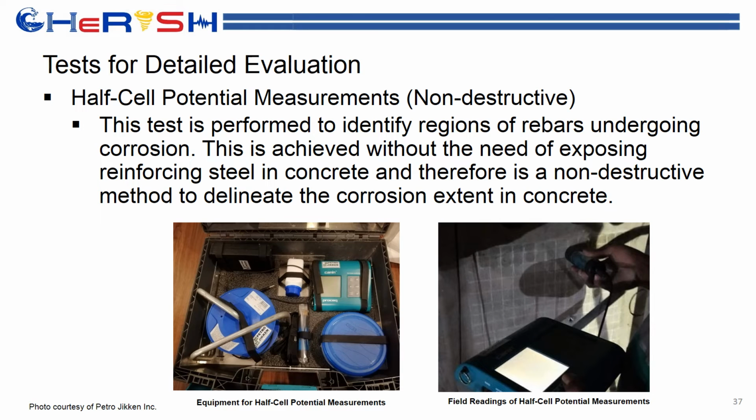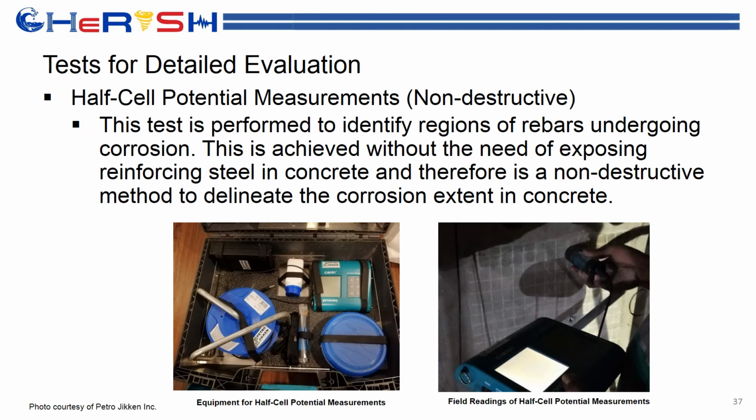Okay, so for example, if there are already some signs of corrosion in your reinforced concrete, then probably the next test that you should do is what we call the half-cell potential. And really, this test is performed to determine the extent, okay, of corrosion in your reinforced concrete.